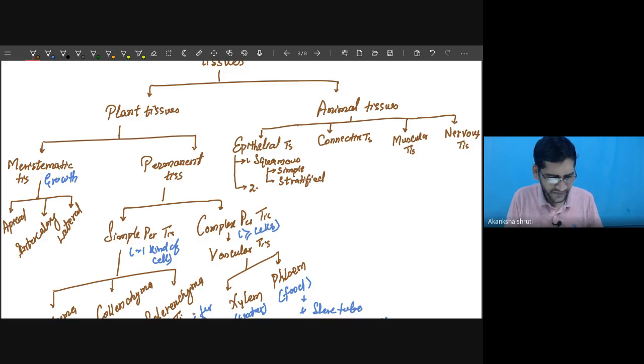The second kind of epithelial is cuboidal. Depending on the size, shape and structure, these names are given for epithelial. So it is of cuboidal shape. The third one is of longer column shape, so it is called columnar.